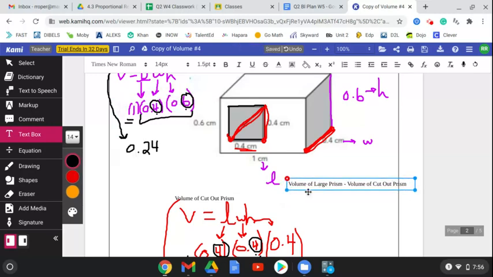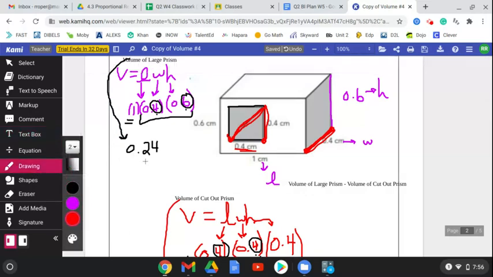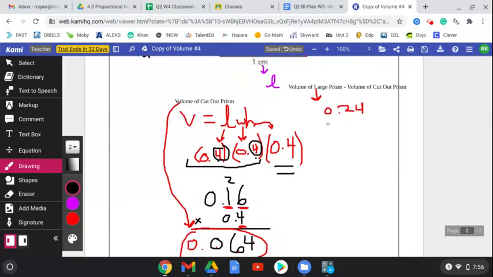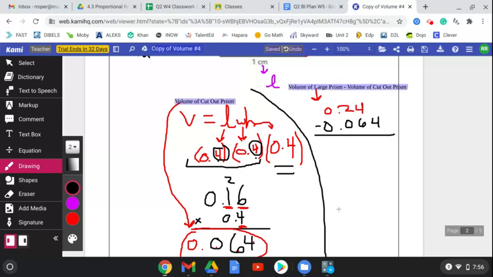So volume of large prism was 0.24, and volume of cutout prism we just found was 0.064. Notice that I am subtracting here, and so I line my decimals up.